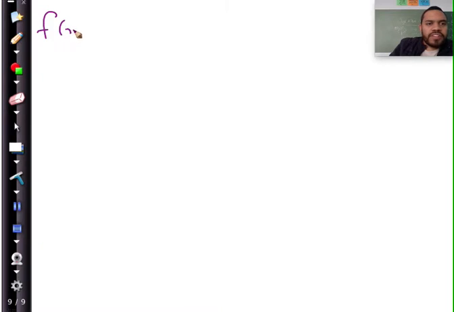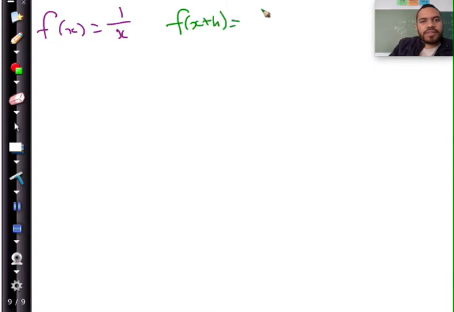So, f of x is equal to 1 over x, right? Are you guys with me? And let's go with green. F of x plus h is what? 1 over x plus h. And then the derivative, f prime of x, is equal to what?